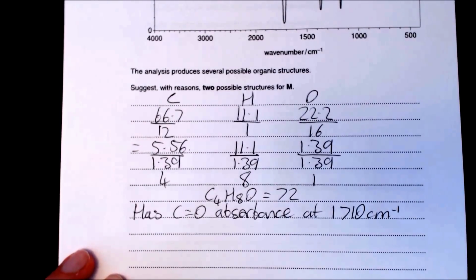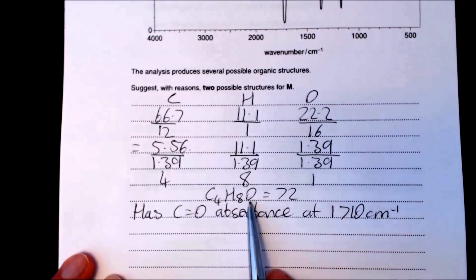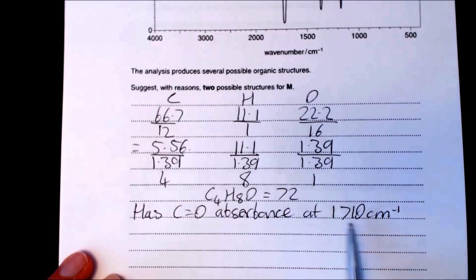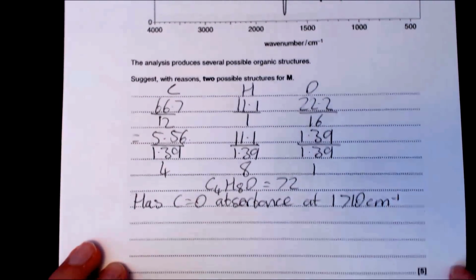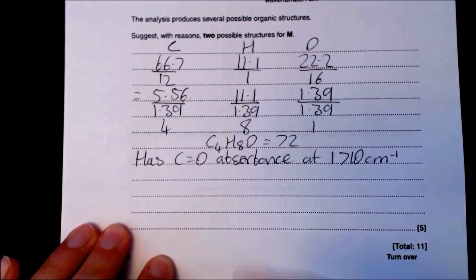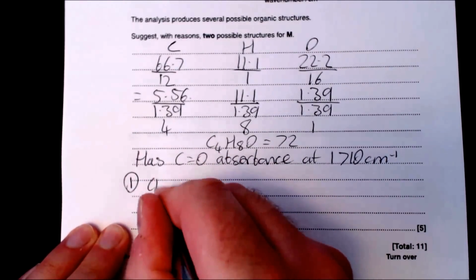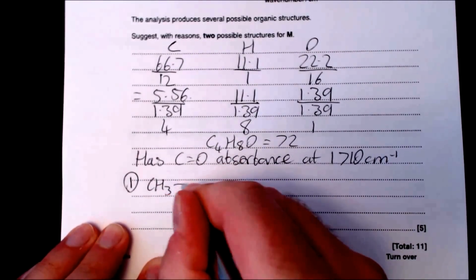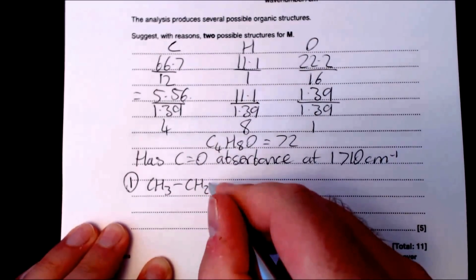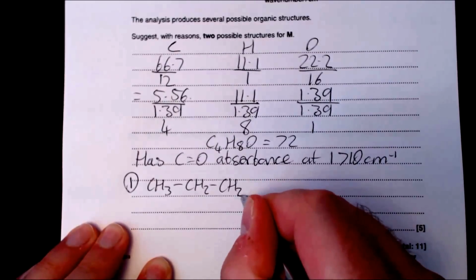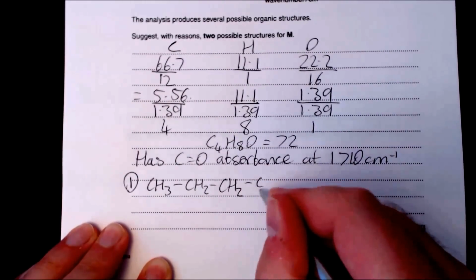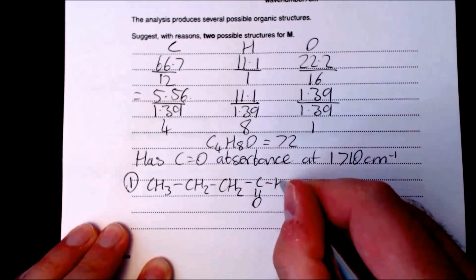So what we need to do is come up with a formula that has this molecular formula, and it must have a carbonyl group. And there's 3 potential ones here, so I'm going to draw down all 3. Here's your first one. So you could have CH3, CH2, CH2, C double bond O with your hydrogen.